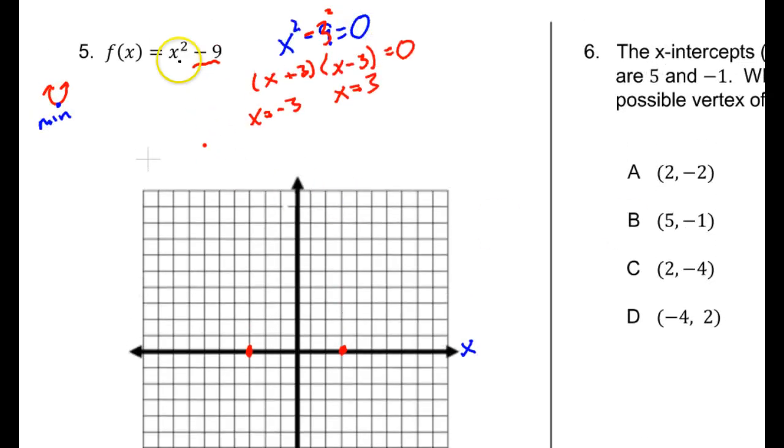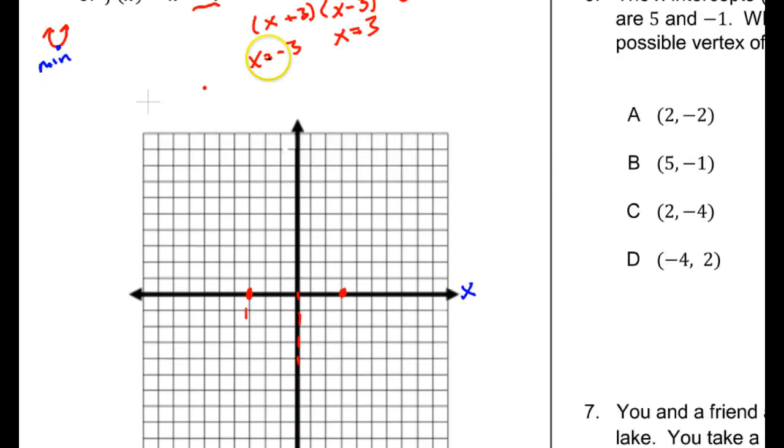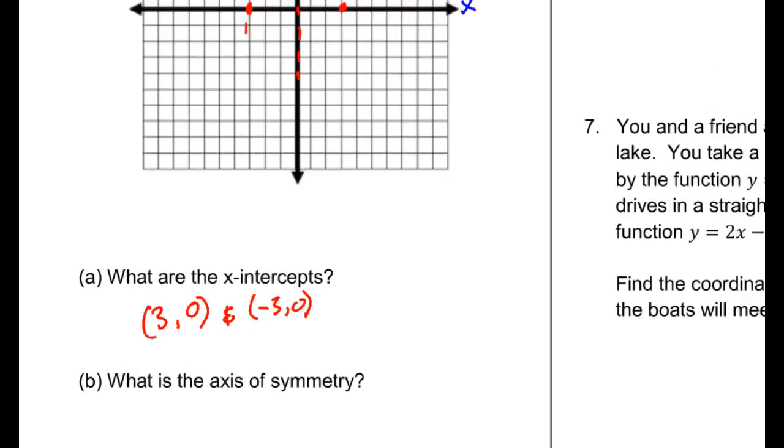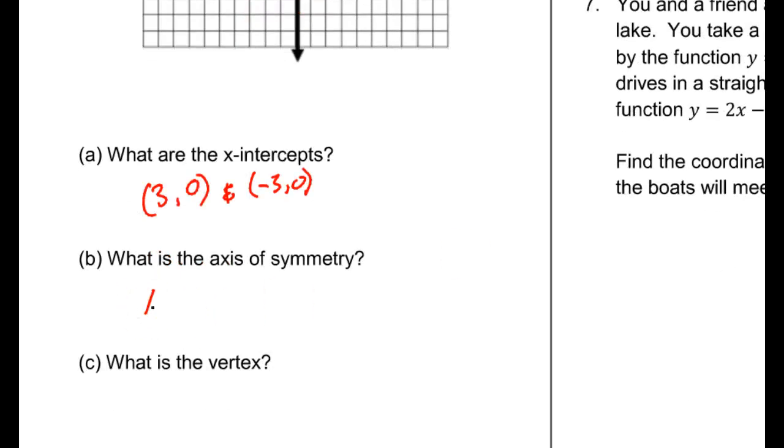Now this one is slightly different since there's no middle term here. There's no b term. You'll see that when that happens, the axis of symmetry, which is in the middle of these two, is going to be 0. So on this particular problem, our axis of symmetry is right in the middle of -3 and 3, okay, which equals 0.